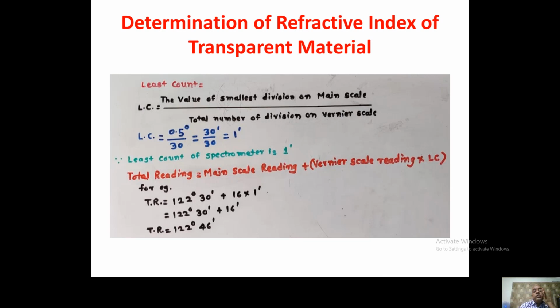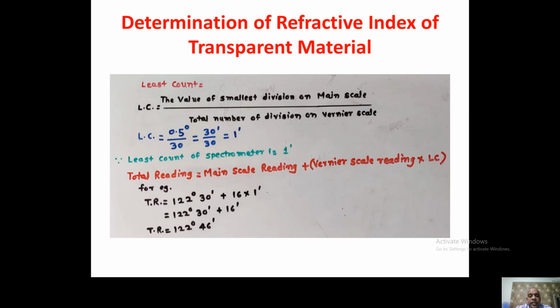The least count is the value of the smallest division on the main scale divided by the total number of divisions on the vernier scale. Therefore, the least count is 0.5 degree, that is 30 minutes divided by 30, equal to 1 minute. So the least count of our spectrometer is 1 minute. Then how do we write the total reading?